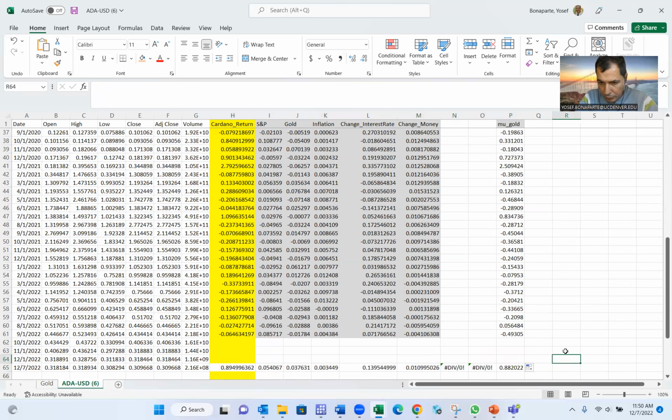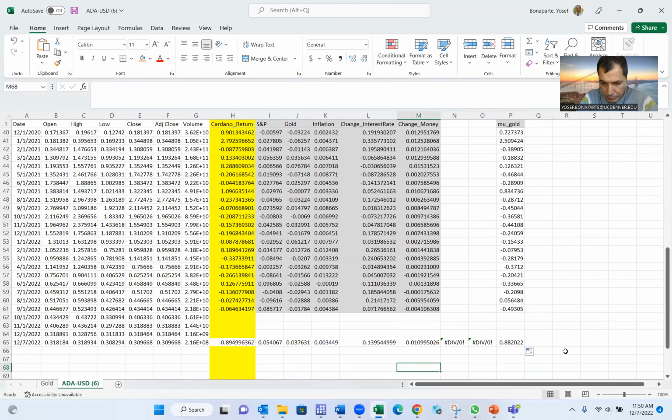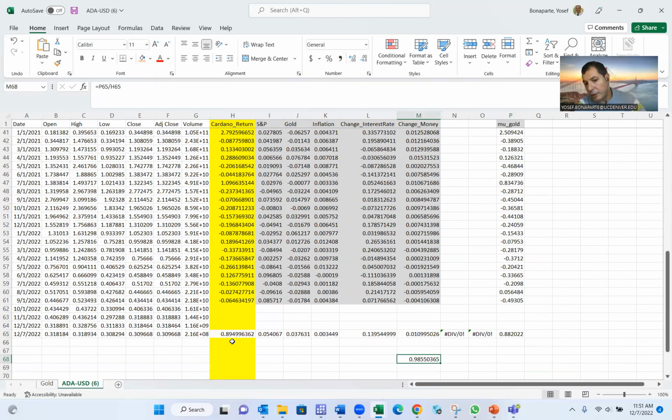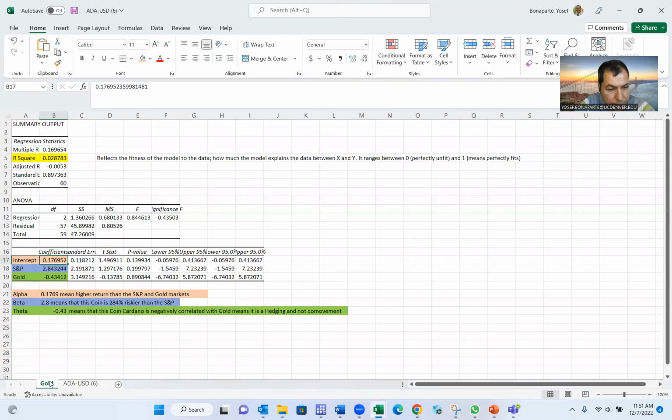And then if you calculate this ratio, this standard deviation divided by this standard deviation, it's very high, 85%. That's because the R square is small. So the lower the R square, the higher this quantity. But we're not going to focus more on it.